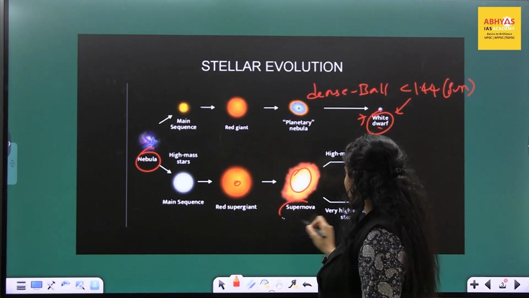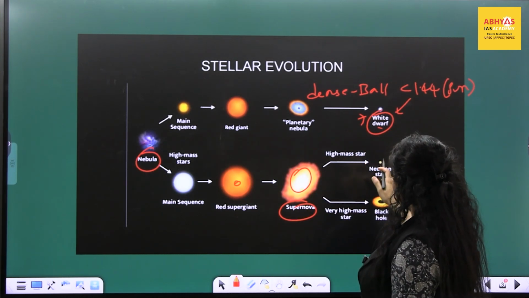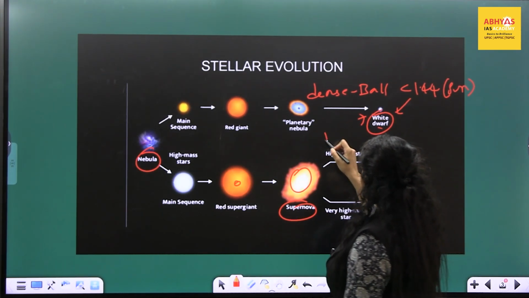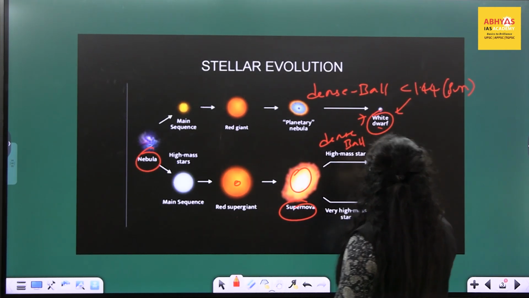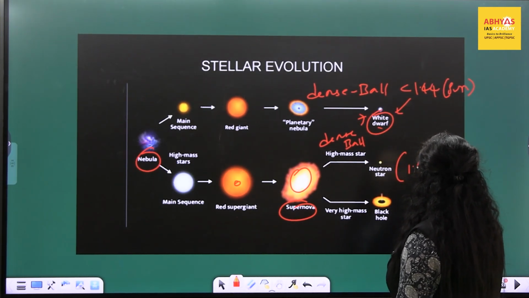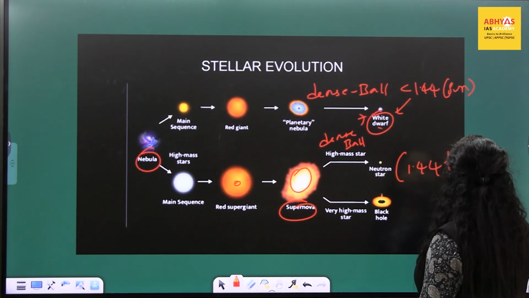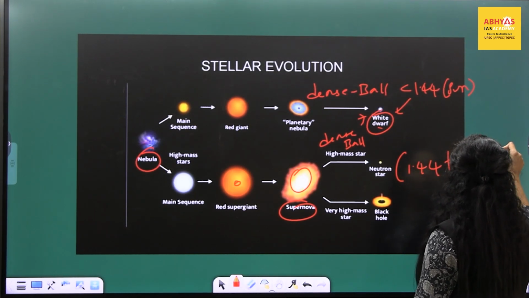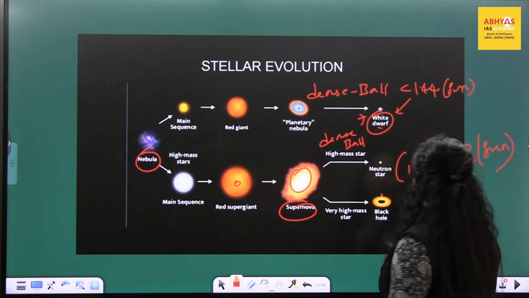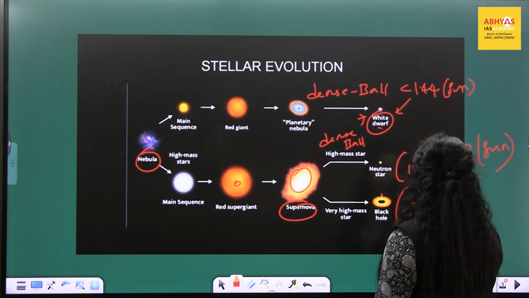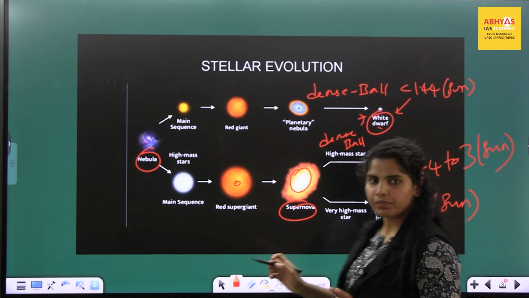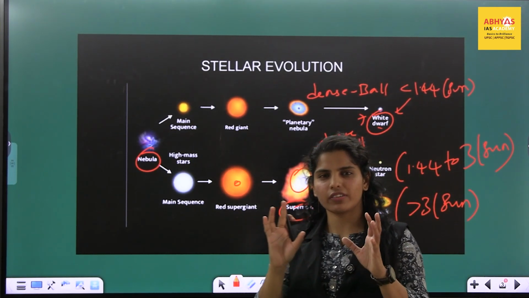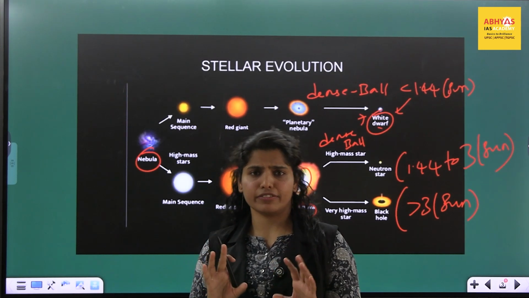That results in a supernova explosion. Eventually the dense ball formed from this, if it is 1.44 to 3 times of the sun, then we call it a neutron star. And if it is more than 3 times of the sun, then we call it a black hole. So this much basic knowledge is enough.